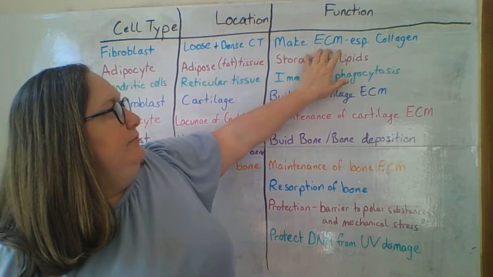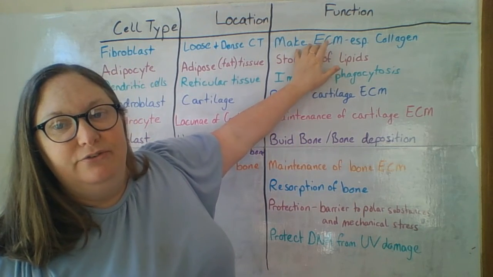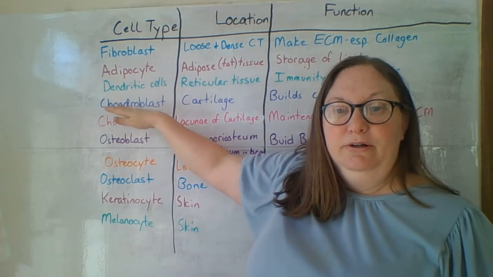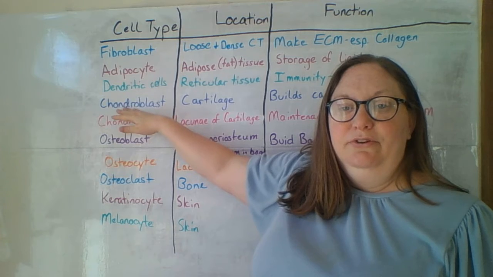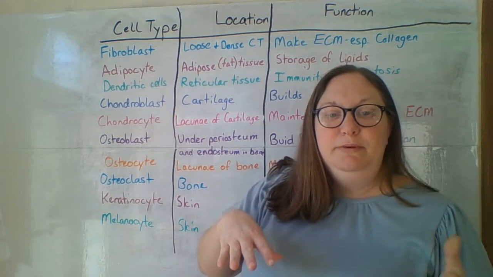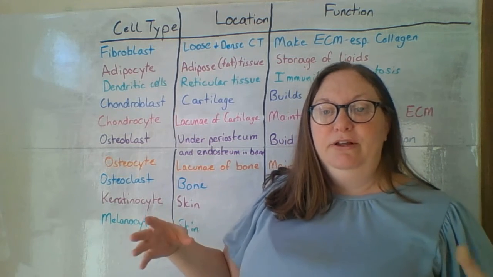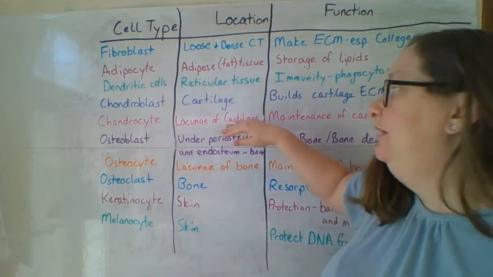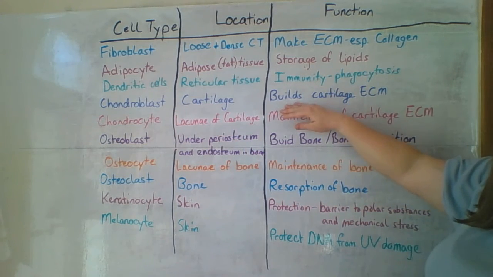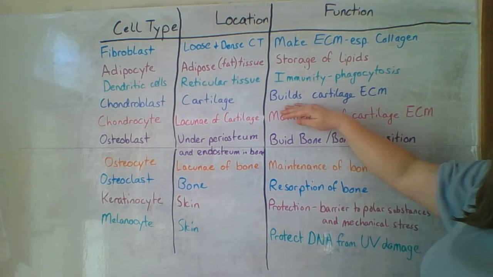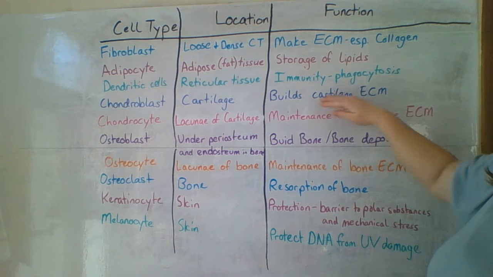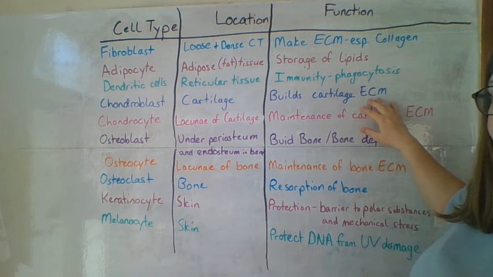That means that they're making the extracellular matrix. Chondroblasts are truly immature. They're not mature cells pretending to be immature, they are actually immature cells. And we find them in cartilage. They build the cartilage extracellular matrix. So look, the blasts build extracellular matrix.